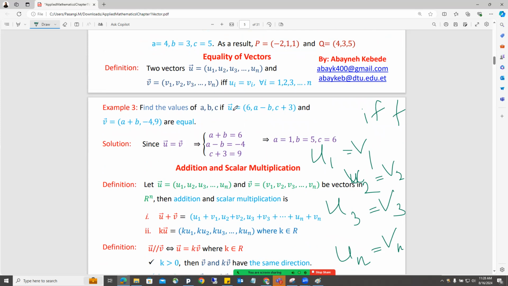That's how it works. Both should be equal respectively for the magnitude as well as the direction. Are you clear with the notations?